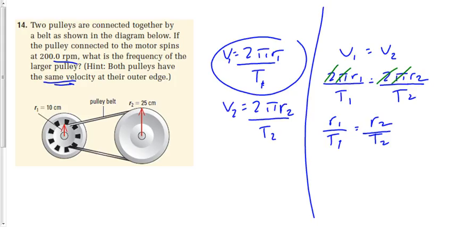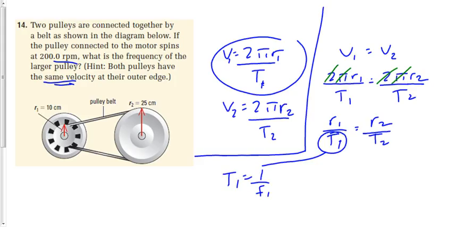All right, we don't know what T1 is, but you know what, we can find it. Let's say T1 is equal to 1 over F1. So 1 over the first frequency, which is 1 over 200 revolutions per minute. We have to convert that to revolutions per second.